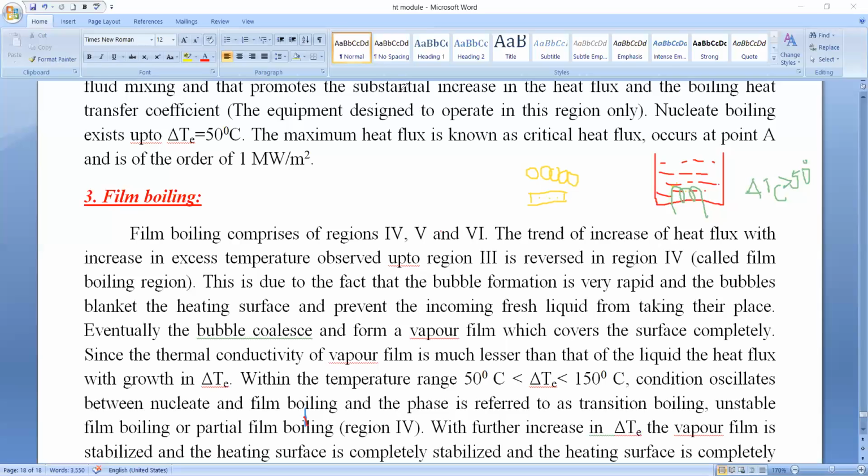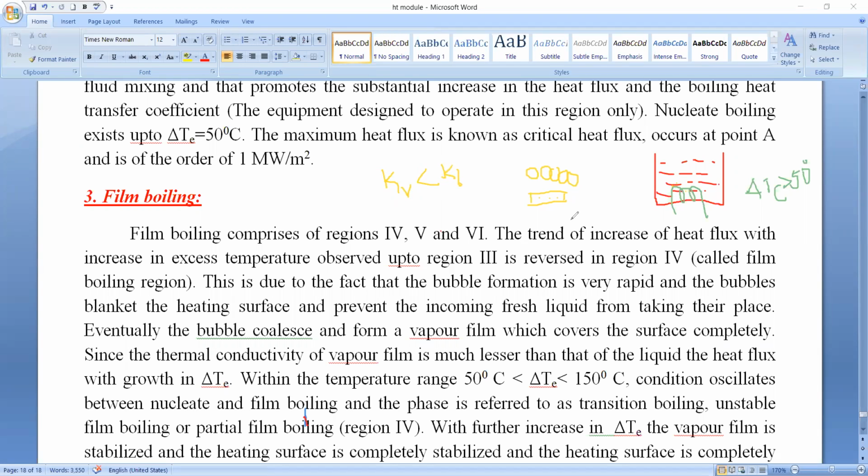Now we know that the thermal conductivity of this vapor is less than that of liquid. I repeat, the thermal conductivity K for vapor is less than that of liquid.